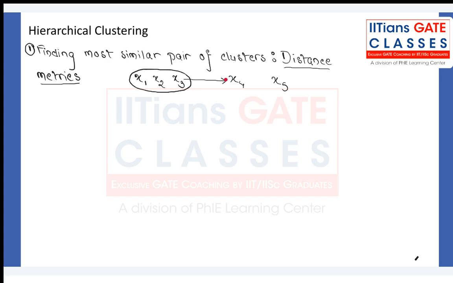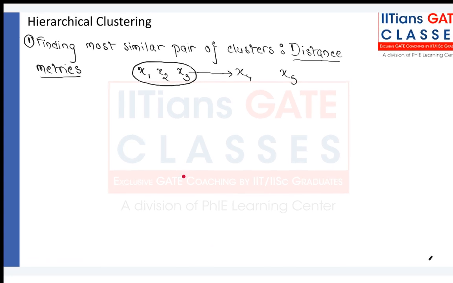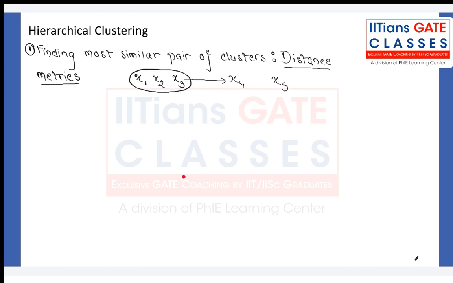Or do you take the maximum distance, let's say if x1 is maximum to x4? Which one will you take to represent the cluster? Because if you want to calculate distance from x4, you'll get a distance d1 from x1, a distance d2 from x2, a distance d3 from x3. Similarly for x5, you'll get these three distances.